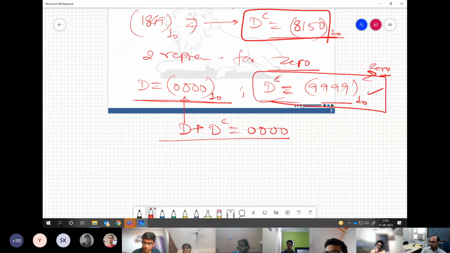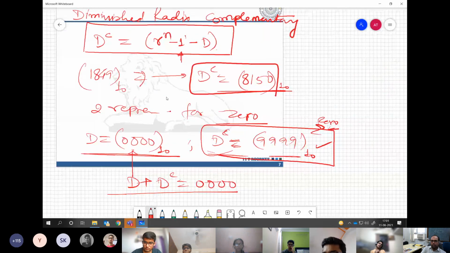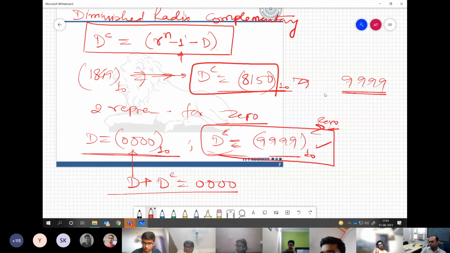Understanding my point? These both are called 0. For example, if you add these two numbers from the previous example, this will also end up as 9999. This is regarded as 0, as good as 0.